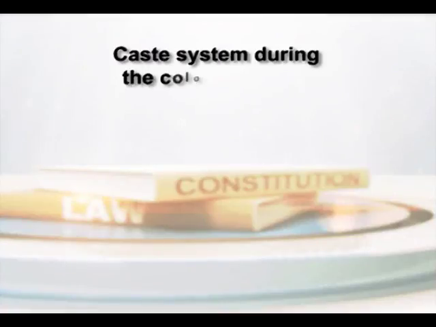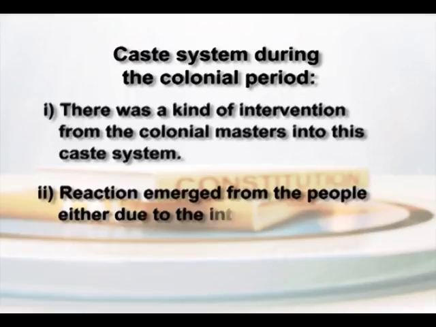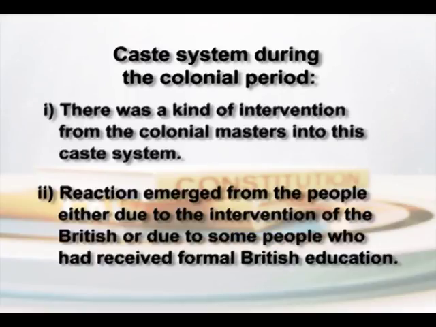The first was a kind of intervention from the colonial masters into this caste system. And the second was a reaction that emerged from the people, either due to the intervention of the British or due to some people who had received formal British education, who were revolting against such caste strictures.